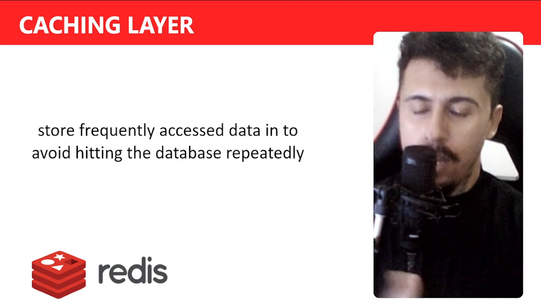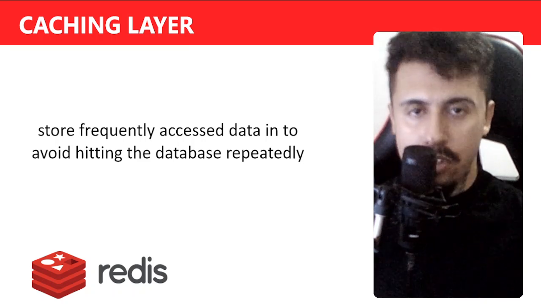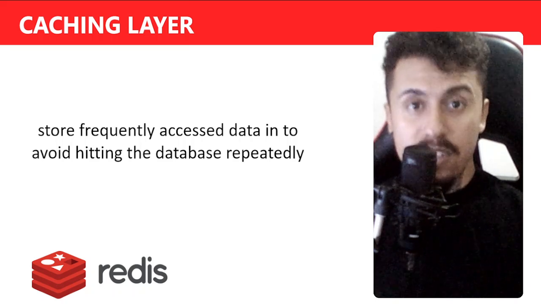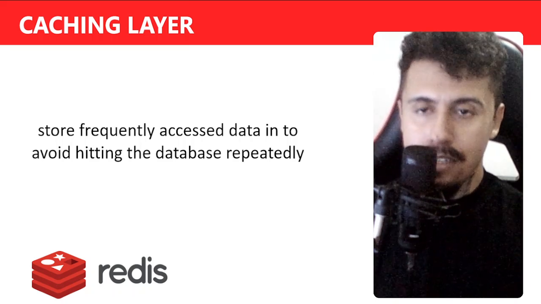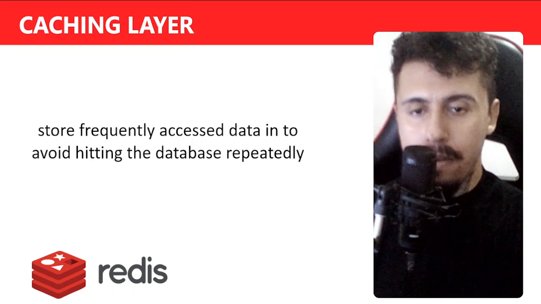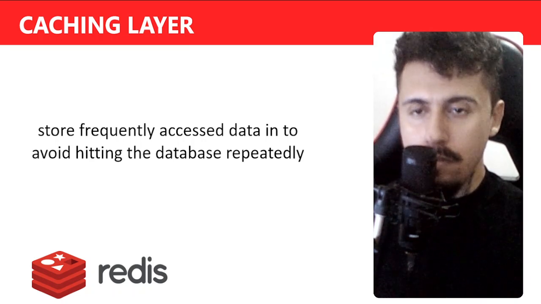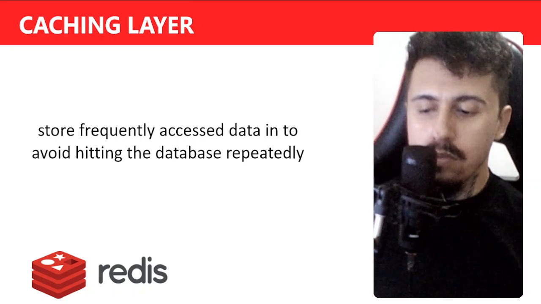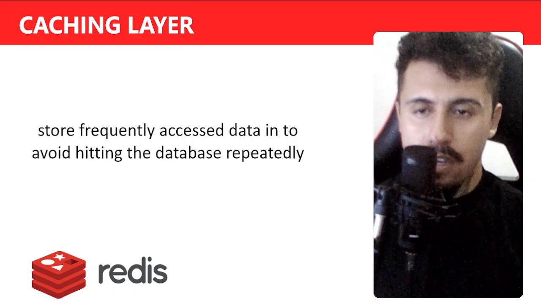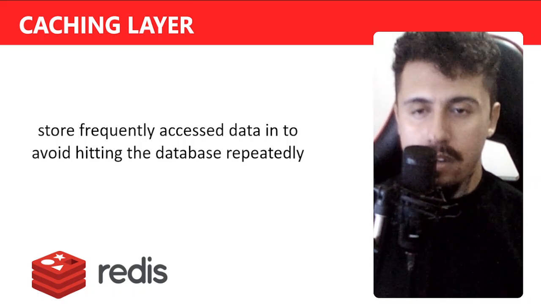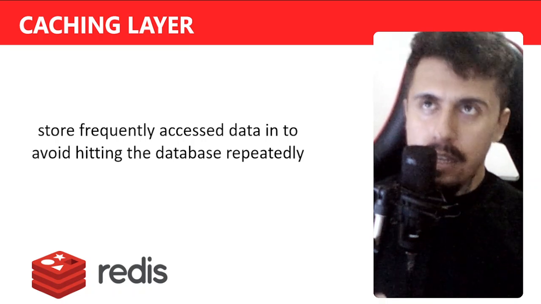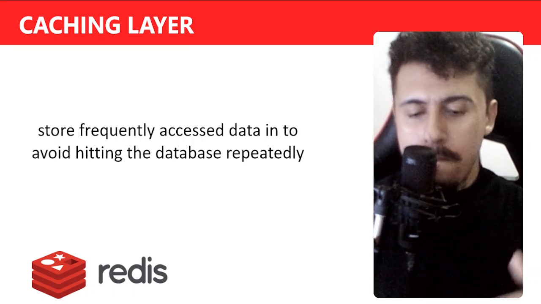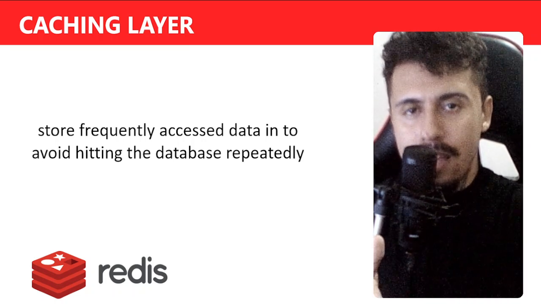When you build applications that have large volumes of data and large volumes of users accessing, retrieving, and manipulating data, you might face a situation where you have to access, in most cases, the same data many times.